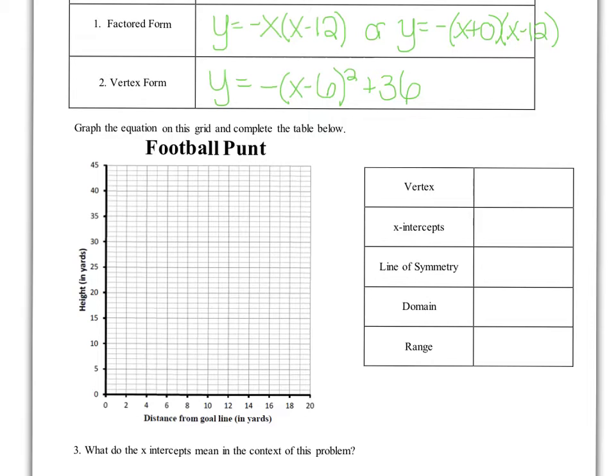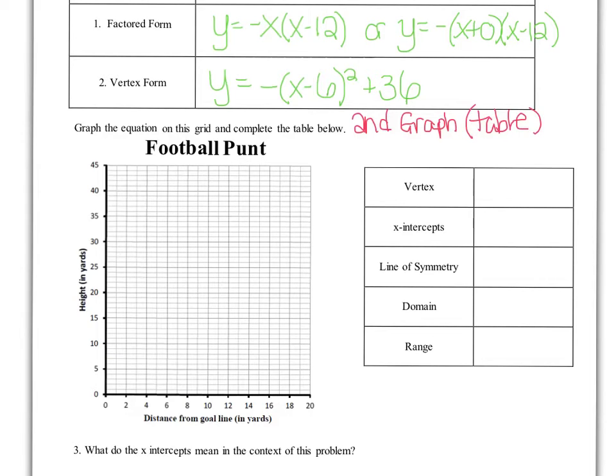If you have your graphing calculator, feel free to put in one of these equations into y equals, and then press second graph, which will then give you a table of values. Feel free to use that if you want.